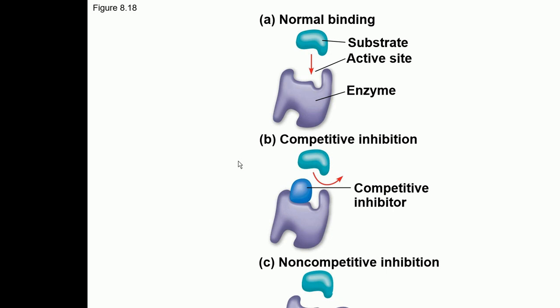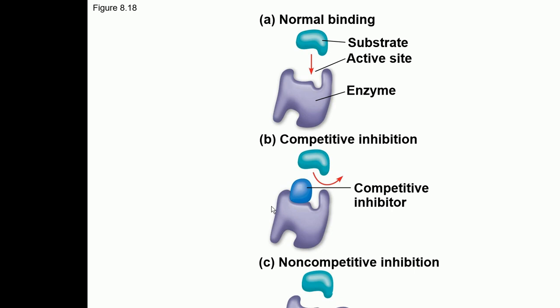The inhibitor has actually blocked the active site. This is the competitive inhibitor, when the inhibitor and the substrate are competing for the same active site. When the inhibitor is sitting, no substrate, no reaction.